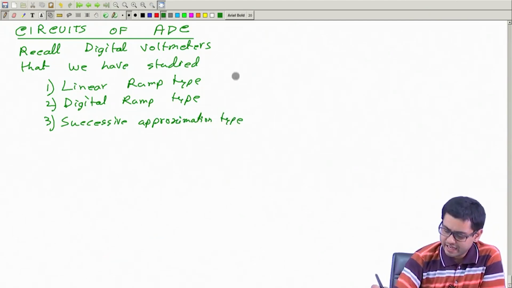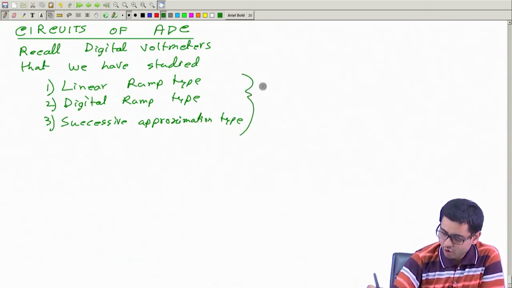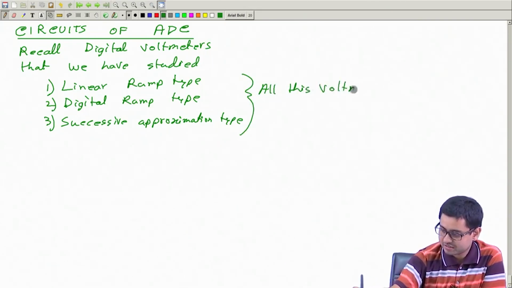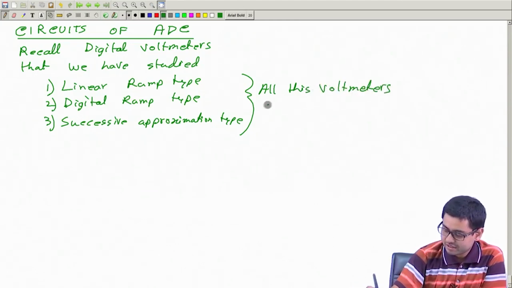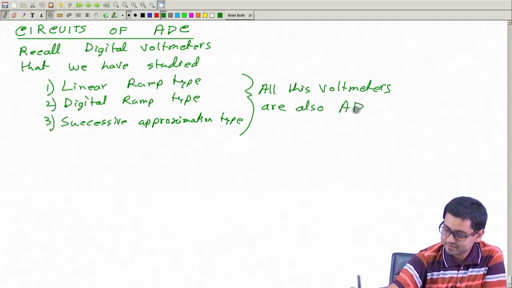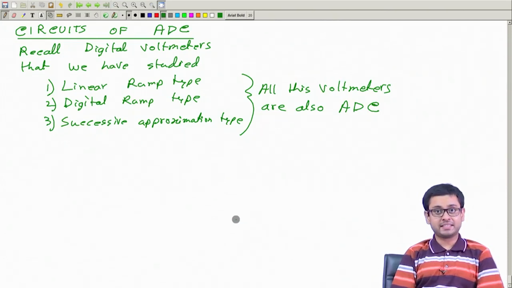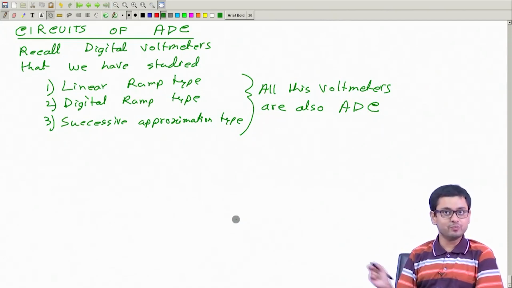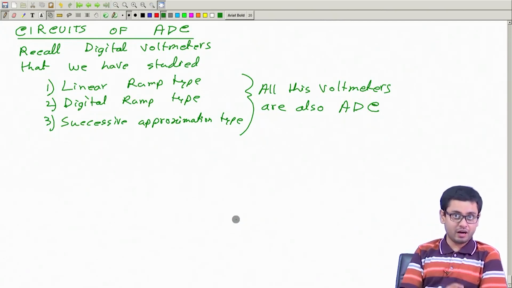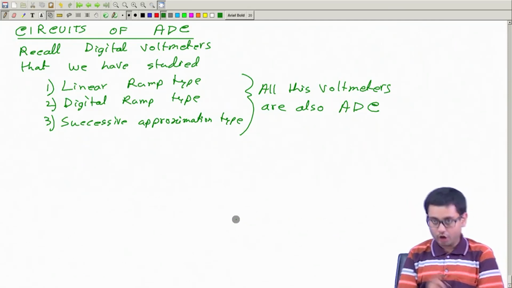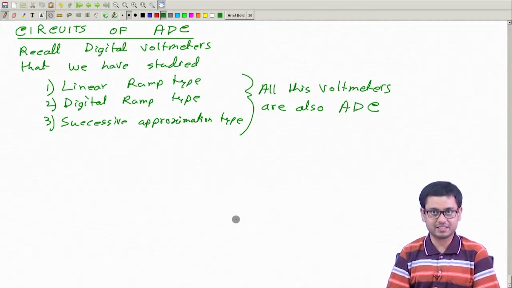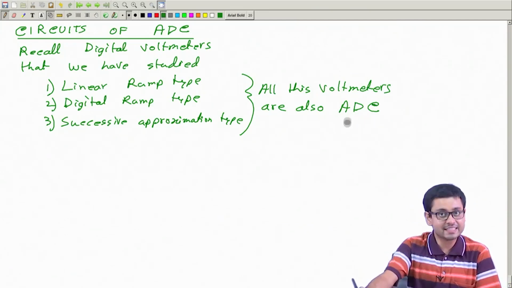I am saying that all these voltmeters are also ADCs. They also act as an ADC. We do not have to study anything new. If you have understood those classes, then you do not have to study anything new, or you can go back and understand those circuits. Because these voltmeters are essentially ADCs.